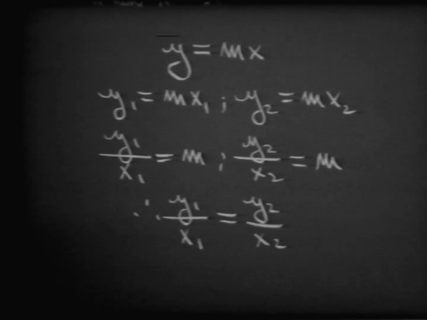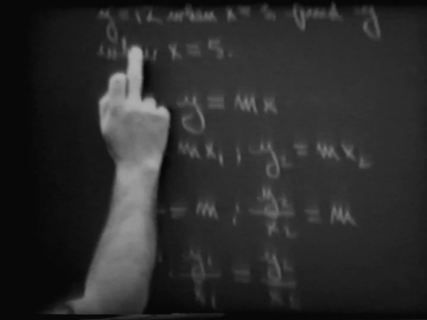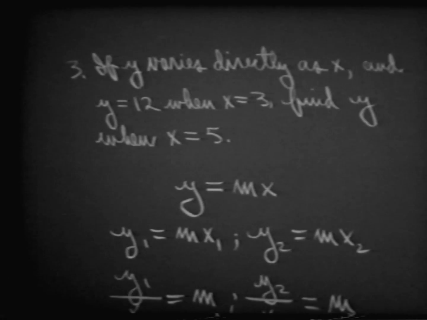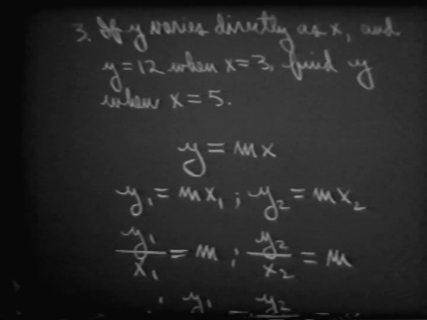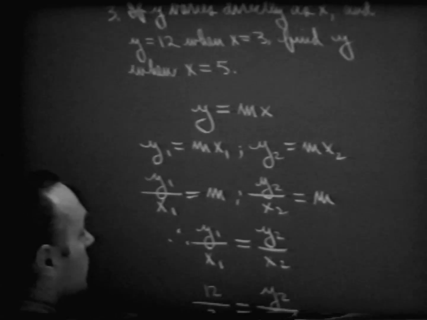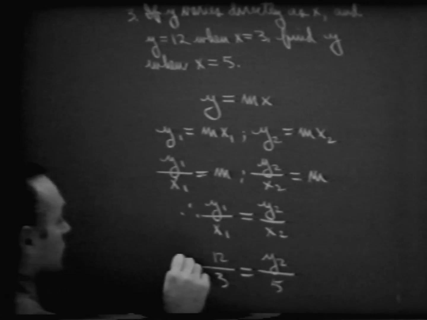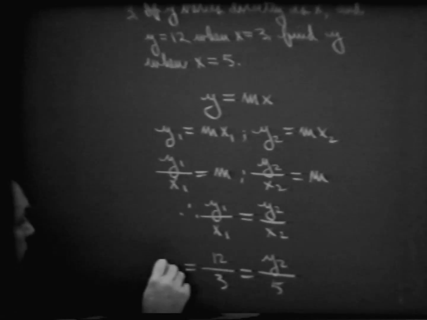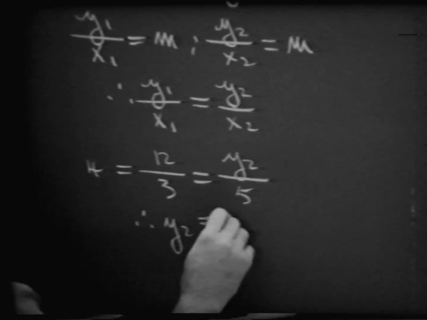We certainly know three of them, therefore we can find the fourth. Let's make a substitution here. y sub 1 is 12, and x sub 1 must be 3, as y sub 2, which we do not know, is to 5. And of course 12 over 3 is 4, and therefore y sub 2 is equal to 20.